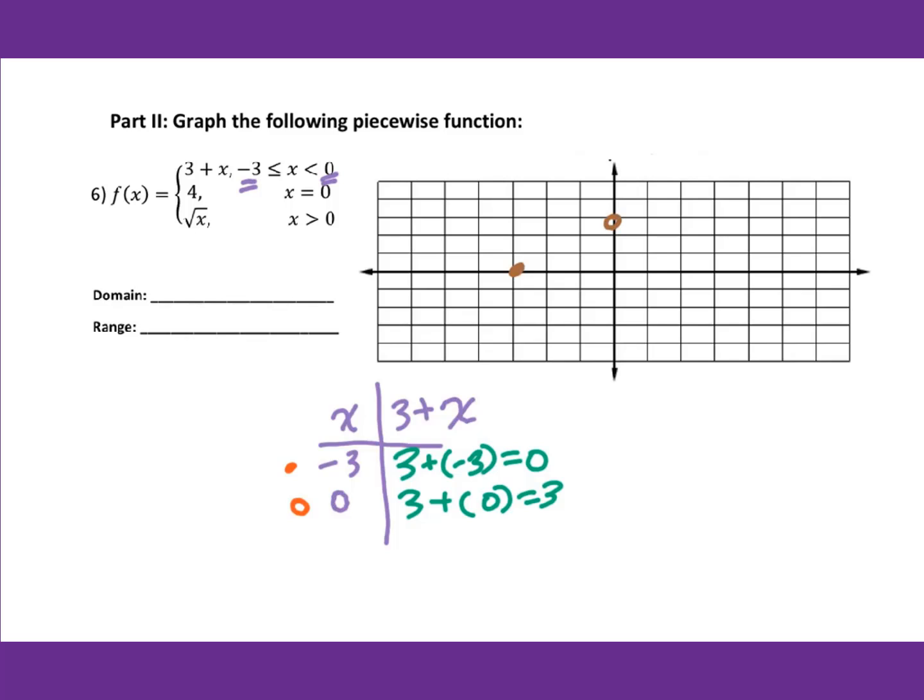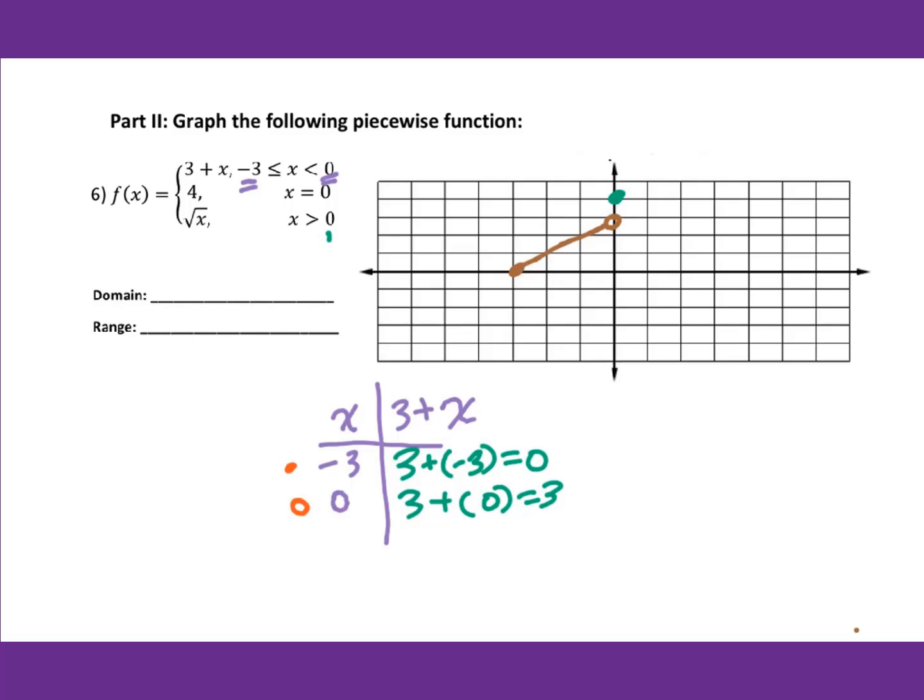It's an open circle, connect. This is the first piece. For the second piece, that's a single point, 0, 4. It's over here. For the third piece, this is a square root function and x greater than 0.